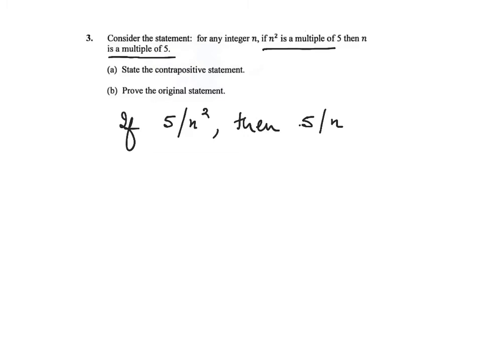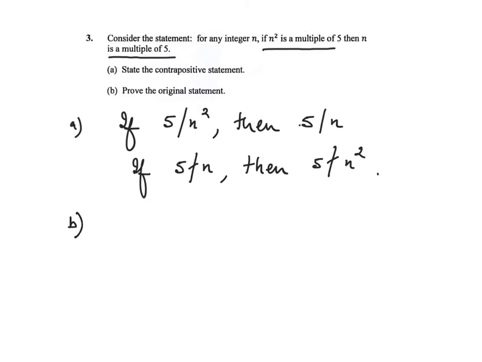So the contrapositive is when we switch that, and then we negate both statements. So 5 does not divide into n, then 5 does not divide into n squared. That's the contrapositive.